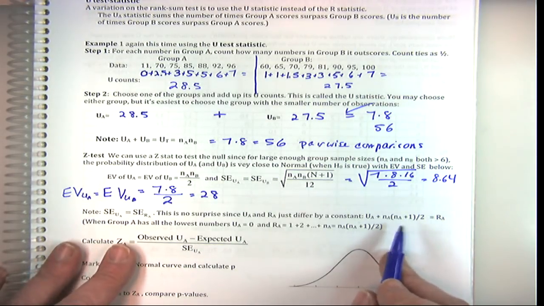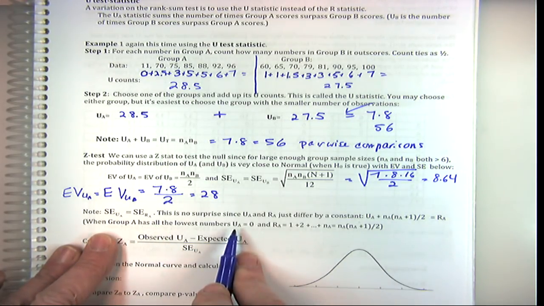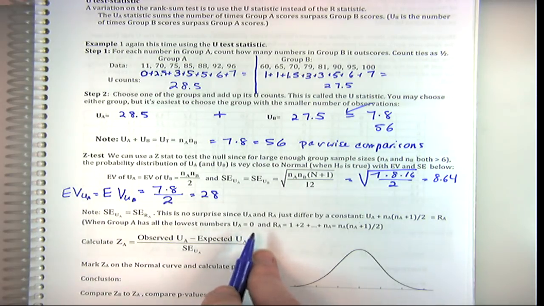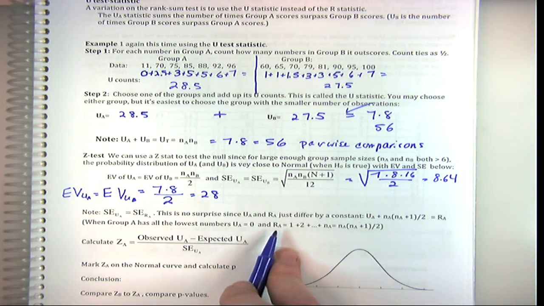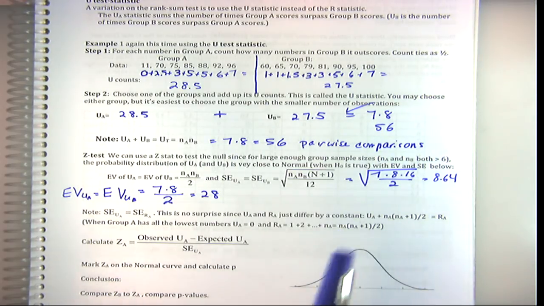And the reason they just differ by a constant is, think about this. If group A had all the lowest numbers, like the 7 out of the 15 lowest numbers, its UA would be 0, and its rank sum would be just the 7 lowest numbers added together.